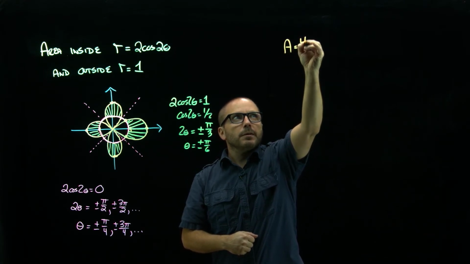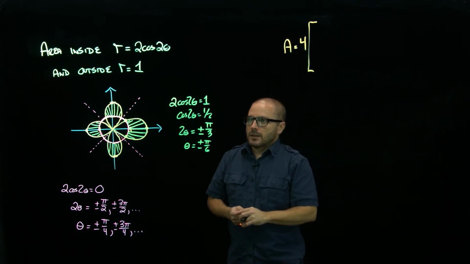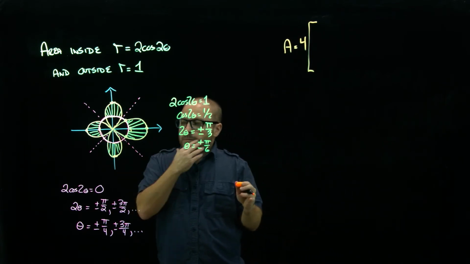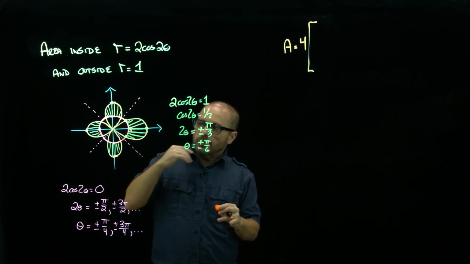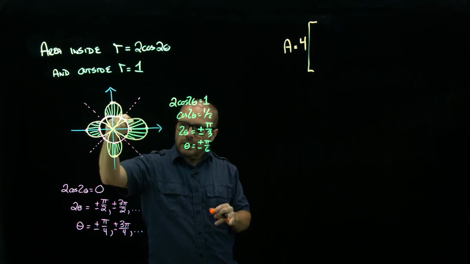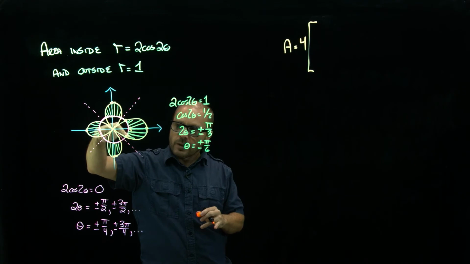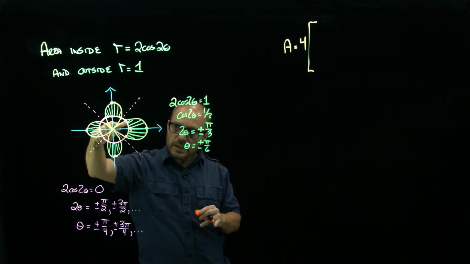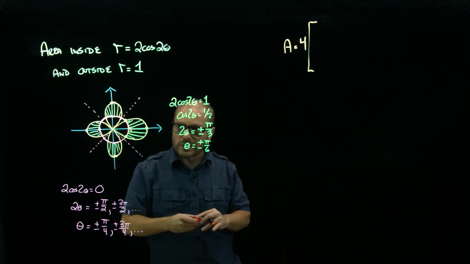So first of all, it's going to be 4 times. Now I'm going to do this separately first, but we can always combine these together into one integral. Really, that area is the area inside the leaf. So we're going to take that integral, and then we're subtracting out what's inside the circle, because it's really trapped between there.